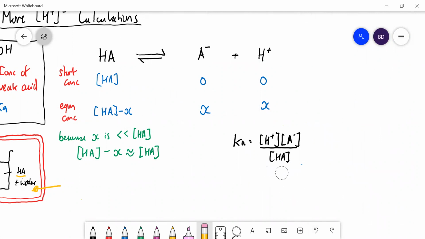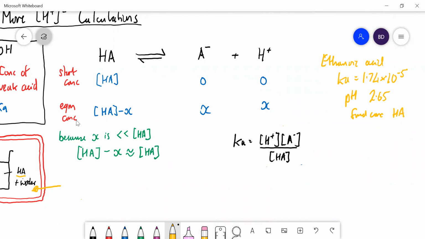Okay, so the question is, we've got ethanoic acid and the Ka of ethanoic acid is 1.74 times 10 to the minus 5, so they tell us that. And they tell us the pH of this solution is 2.65, and you've got to find out the concentration of the weak acid, which is ethanoic acid in this case.